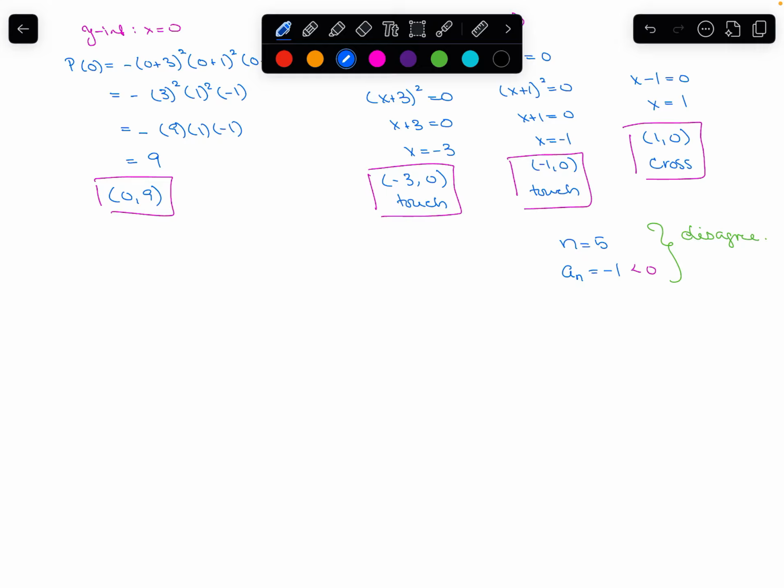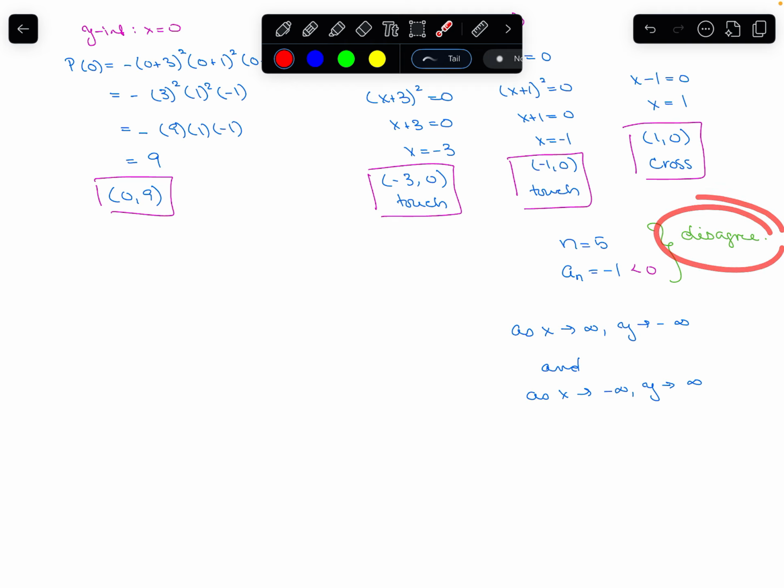As x goes to positive infinity, y will disagree and go to negative infinity. And as x goes to negative infinity, y will disagree and go to positive infinity. That's what I mean by the infinities will disagree. This only is true when you have an odd degree and a negative leading coefficient.